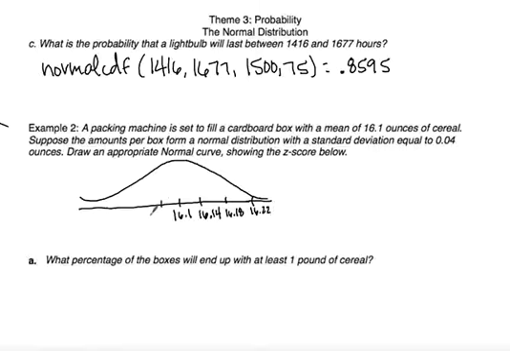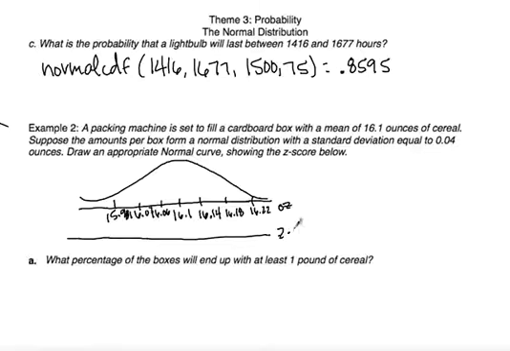One away on the left would be 16.06. 2 would be 16.02. And 3 would be 15.98. So this represents ounces of cereal.